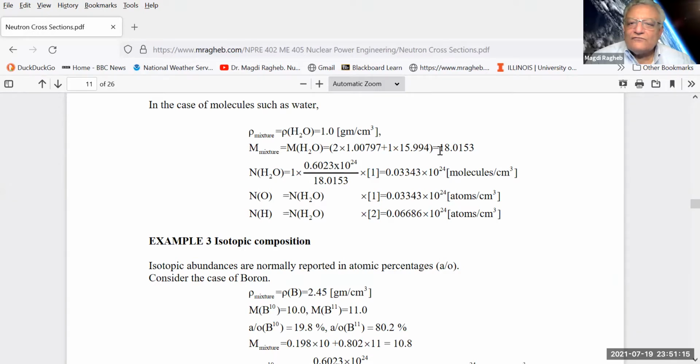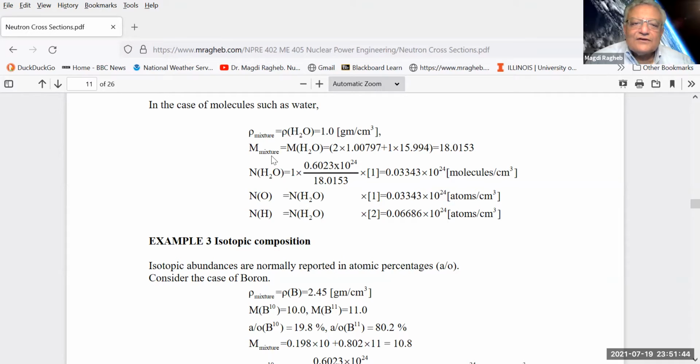The molecular weight of water is obviously 18. So in that case, the number density of molecules of water, in molecules per centimeter cubed, is 0.03 times 10 to the 24th power. And of course, in water, H2O, we have 1 atom of oxygen per molecule of water, so this is the same as the number density of water. But if you think about H2O, you have 2 atoms of hydrogen per molecule of water.